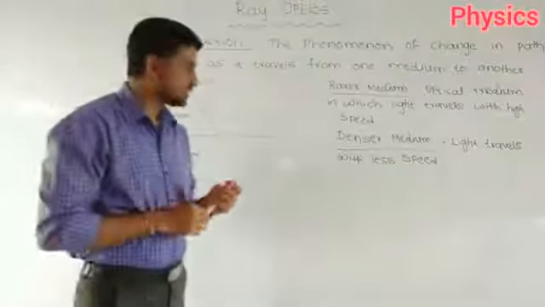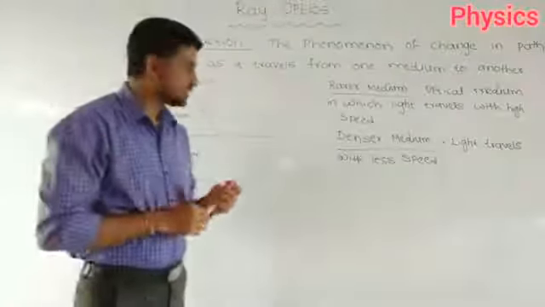That normal should be perpendicular to the surface or interface, and it should join the point at which the incident ray meets the interface. So now this is a normal. It is not a ray, it is just a normal. This is the incident ray.